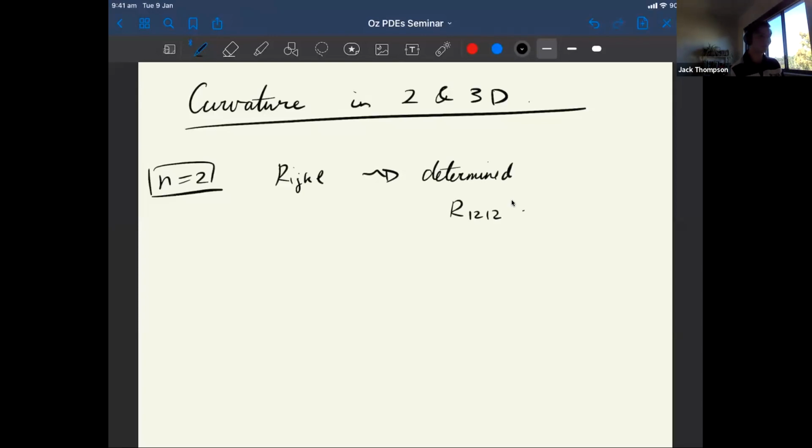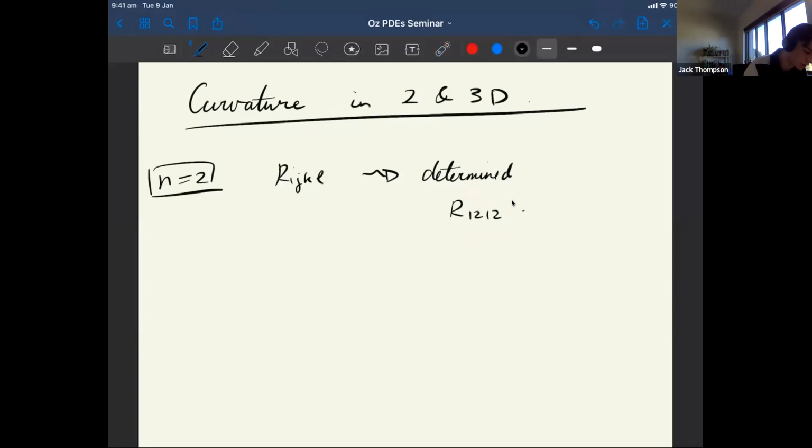Of course, this is going to lead to massive simplifications as to how we can express the Riemannian curvature tensor. So I'm going to pull this a little bit out of the hat, but if we can find another 0-4 tensor that satisfies the same symmetries as the Riemannian curvature tensor and also agrees on this component, then we know that they have to be the same.